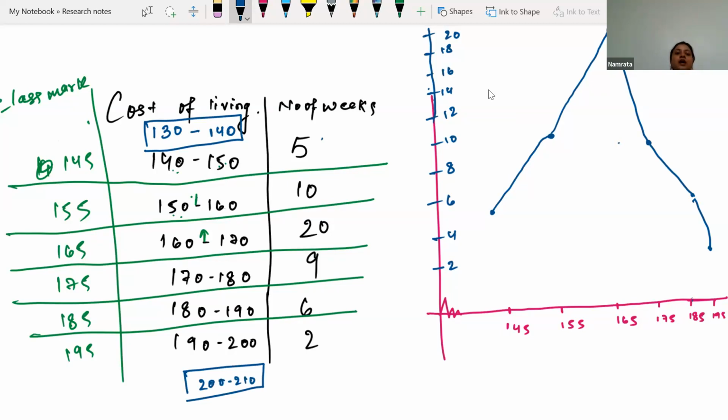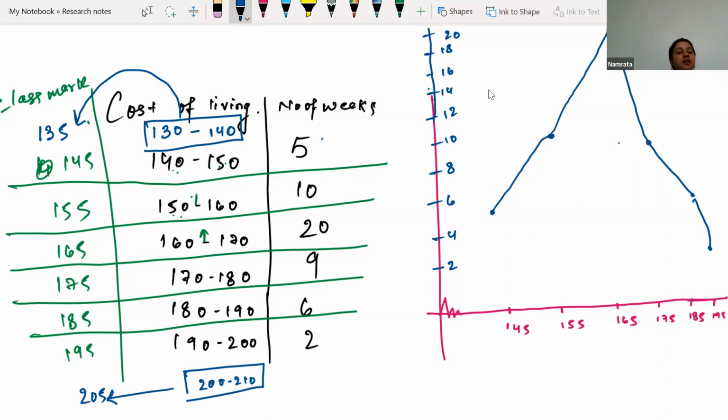Yes. Now for these intervals also we have to take out the class mark only, because here we are not drawing the histogram. We cannot plot the interval over here. So the class mark for this interval will be 135 and the class mark for the next interval will be 205.